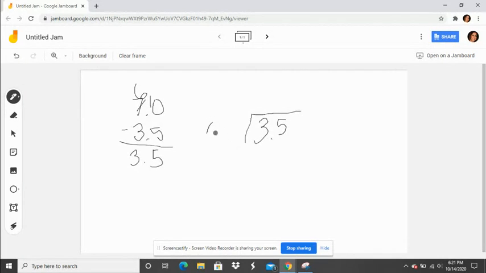3.5 divided by 0.5. I can't have a decimal on the outside, so I have to move my decimal one place to the right to make a whole number. So I need to move the inside decimal one place also. So now I have 5 and 35. 5 goes into 35 7 times.